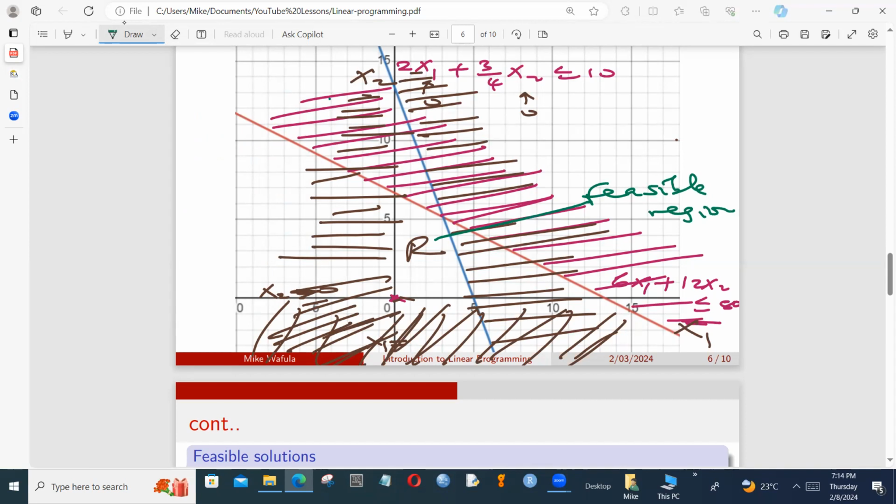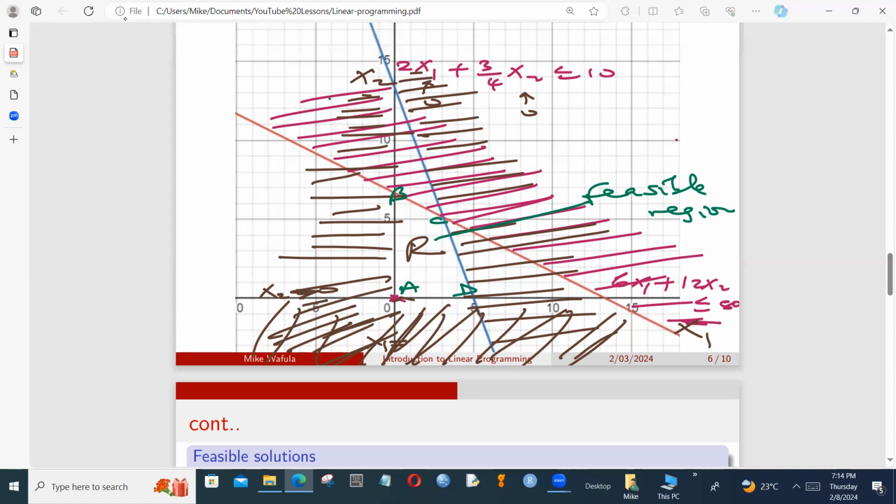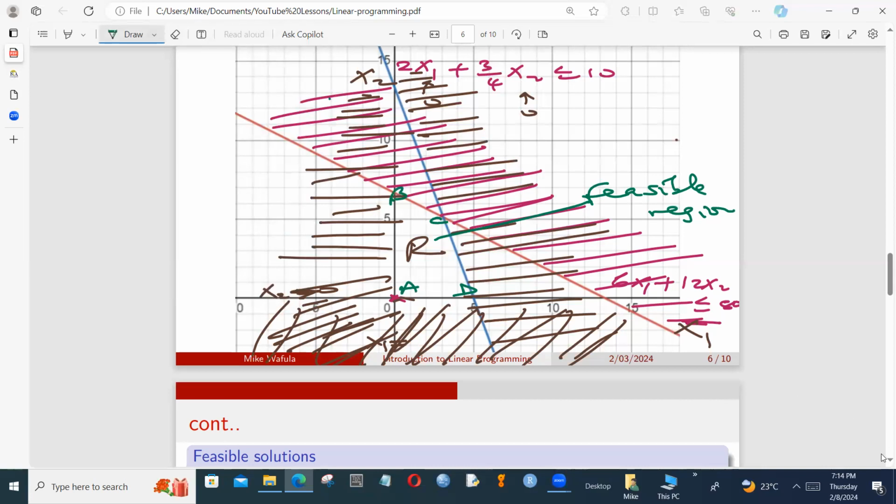And so this region is the one that's going to provide us with the points that will give us the optimal solution of the objective function. The points we are more interested in within the feasible region are the corners of the edges, like this point A, this point B, this point C, this point D. These are mostly important for us in determining the optimal solution.